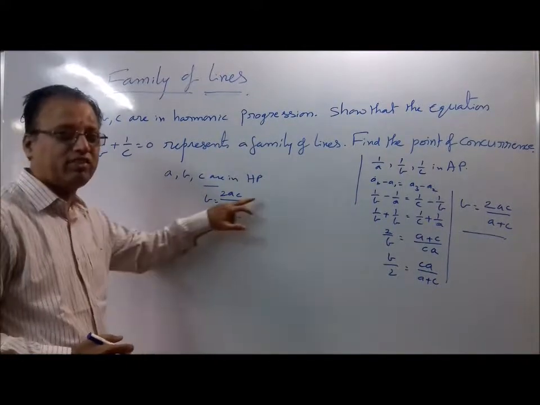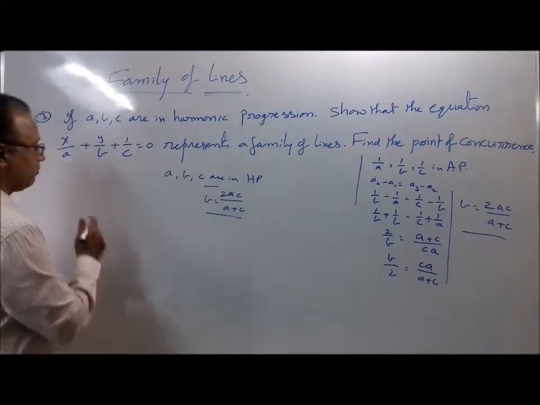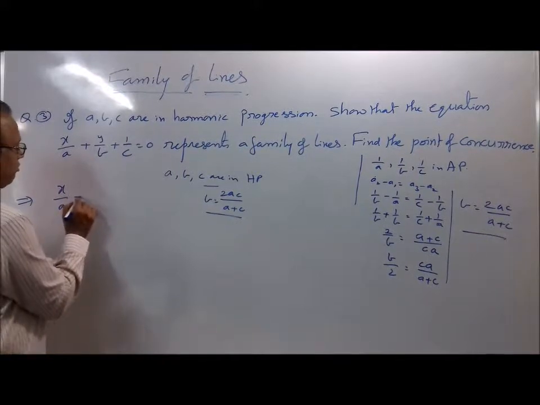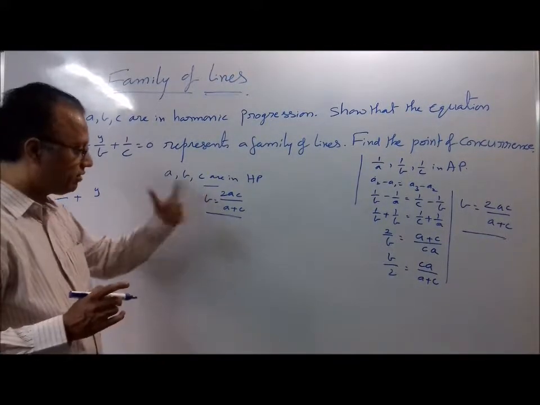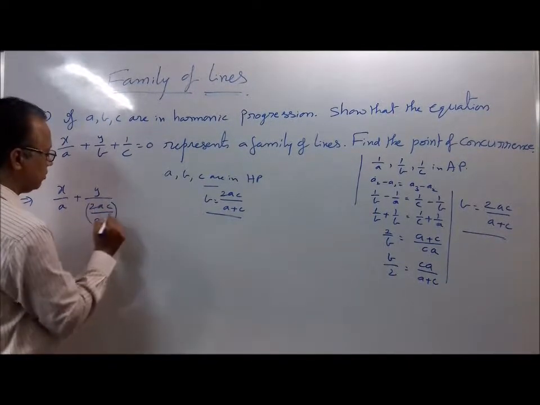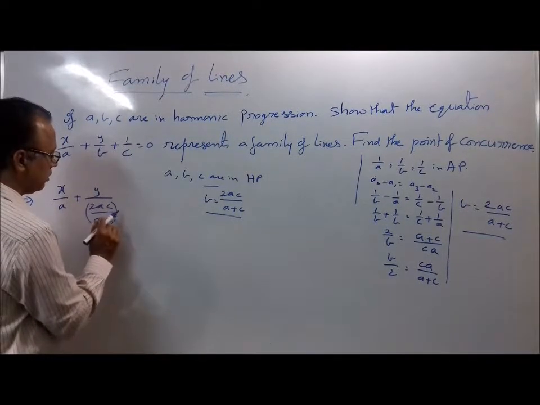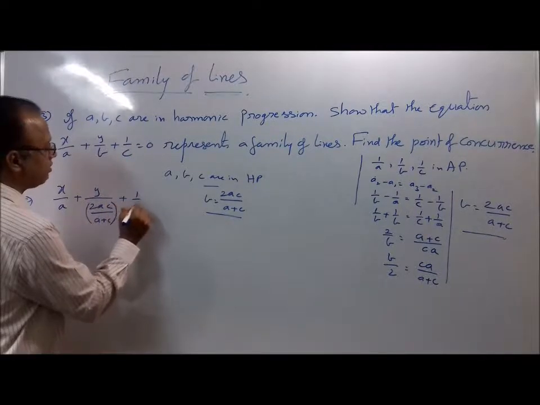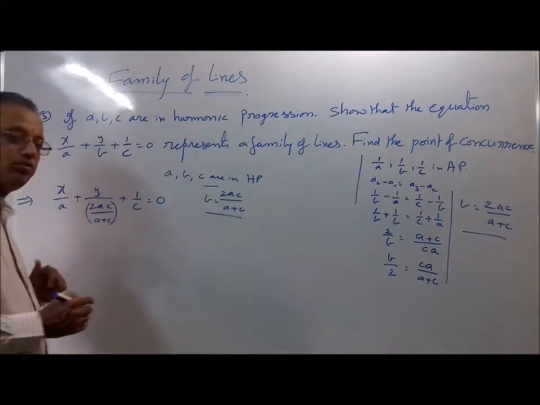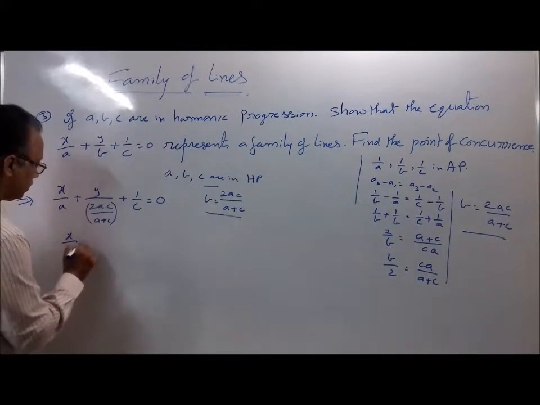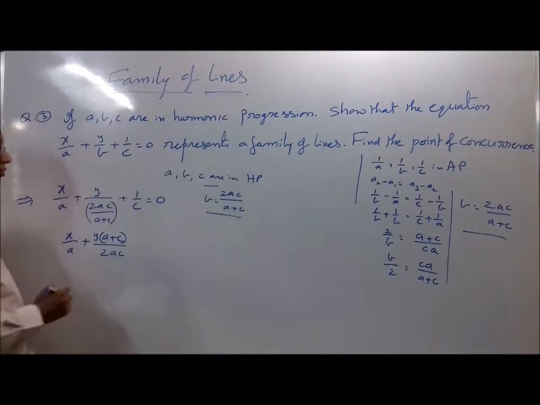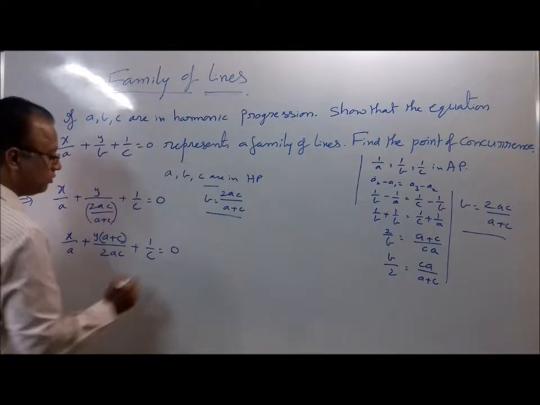In this case B is better instead of C or A. So x by A, y by B is y into A plus C by 2AC, plus 1 by C equal to 0.